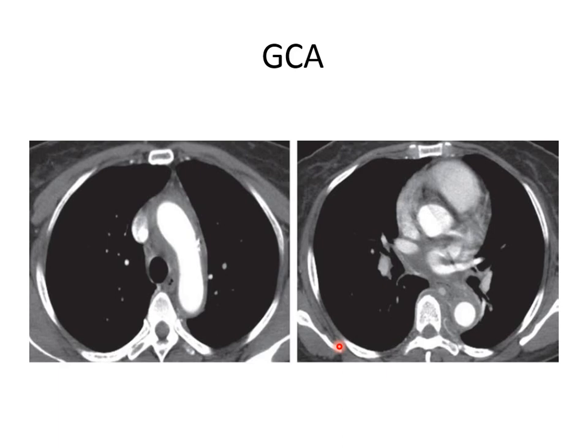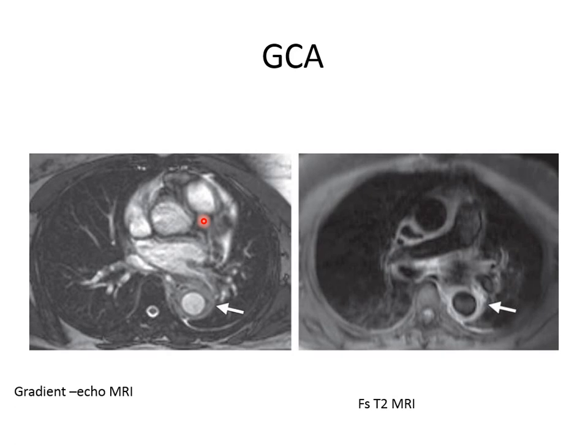Another example of CT, MR, CT angio. Here we can also see the thickening of the arch of the aorta, and here also we can see the thickening of the descending aorta. Also gradient echo MR showing the thickening of the aorta.